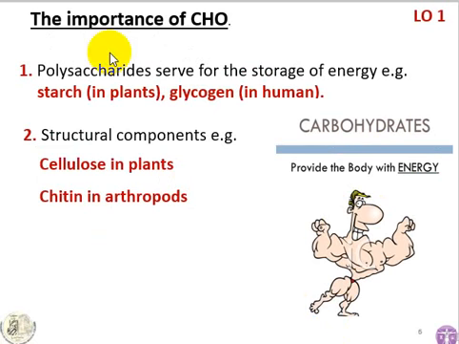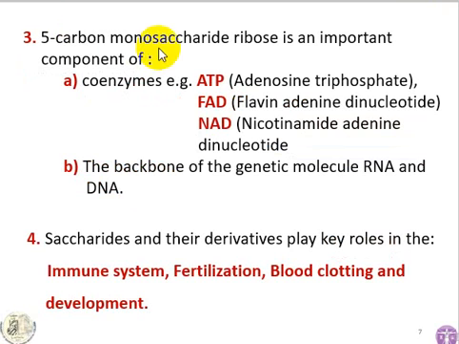Carbohydrate is important for living organisms, because polysaccharides serve for the storage of energy, for example, starch in the plants and glycogen in human, in addition to structural components like cellulose in the plant and chitin in arthropods. 5-carbon monosaccharides can enter in the synthesis of the coenzymes, for example, ATP adenosine triphosphate, FAD flavin adenine dinucleotide, and NAD nicotinamide adenine dinucleotide.